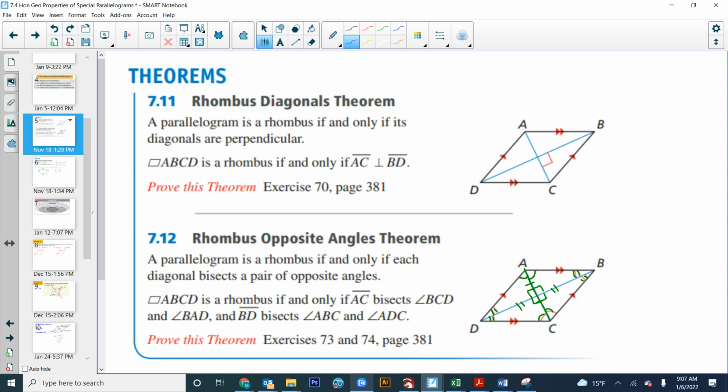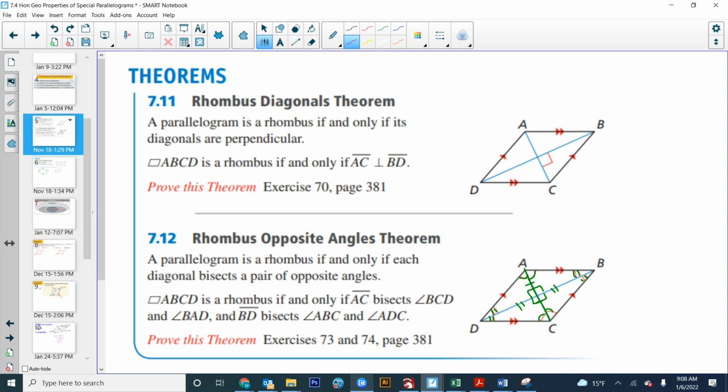Parallelogram with 4 90 degree angles. Now, could they tell us less than that? They could say a parallelogram with 1 right angle, couldn't they? If it's a parallelogram that has at least 1 right angle, think about it. If it has 1 right angle, what's the opposite angle? 90. What's the consecutive angle? 90.